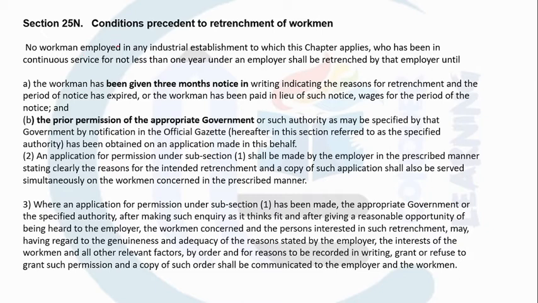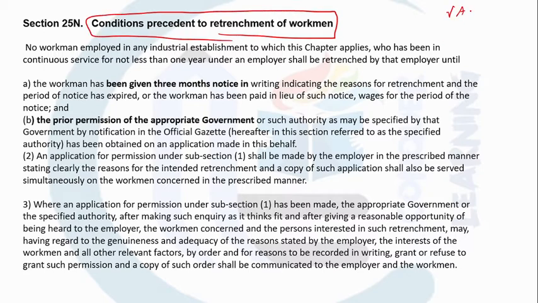Now, conditions precedent for the retrenchment of workmen. We have studied in chapter number 5A that any person who has completed continuous service of 1 year is supposed to get a notice of 1 month before he is retrenched.